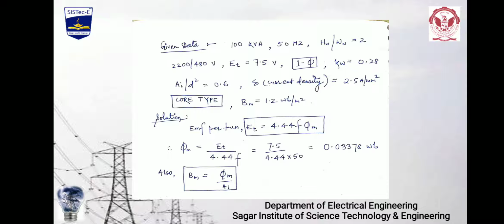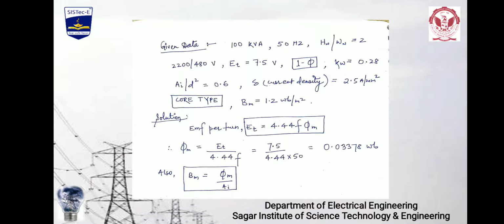Current density, which is represented by delta, is equal to 2.5 ampere per mm square. It is also given that it is a core type transformer, and the maximum flux density represented by Bm is equal to 1.2 Weber per meter square.